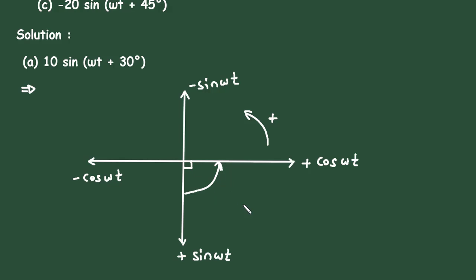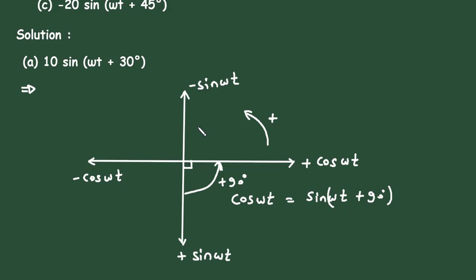So the formula will be: cos omega t is equal to sin omega t plus 90 degree. Here we have to add plus 90 degree.